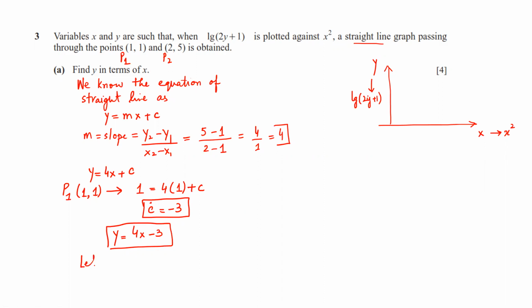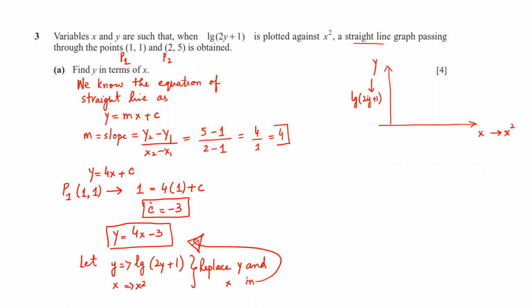So we say let y equal log of 2y plus 1 and x equal x square, or you can say replace y and x by these two variables in this equation.